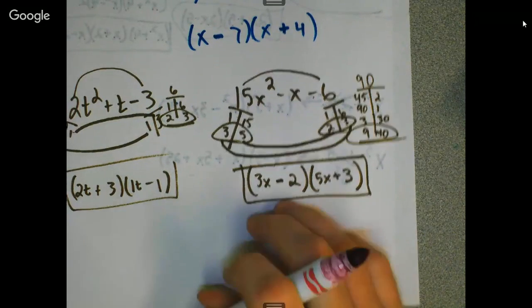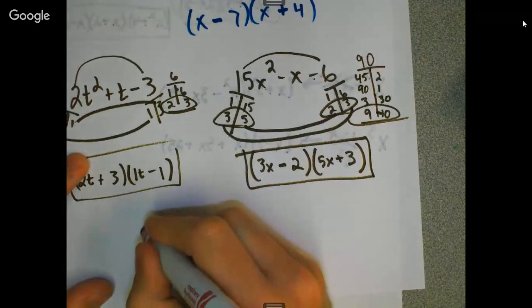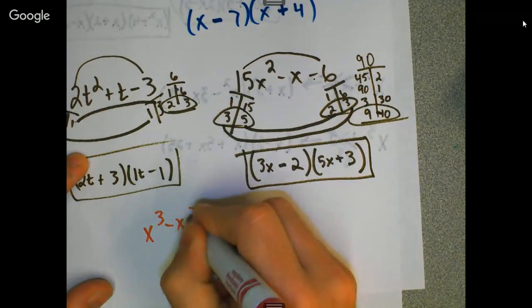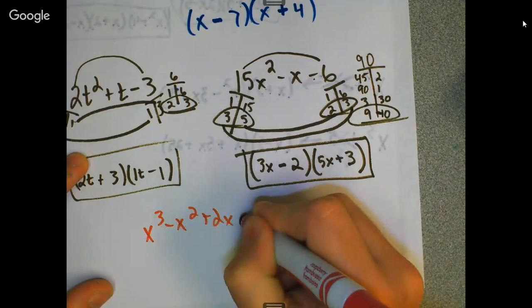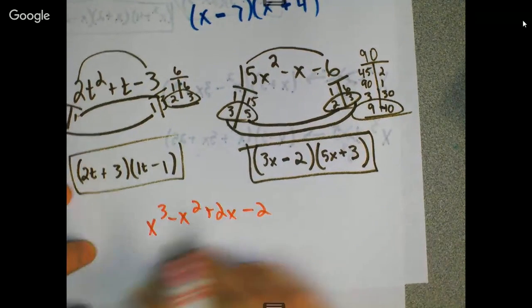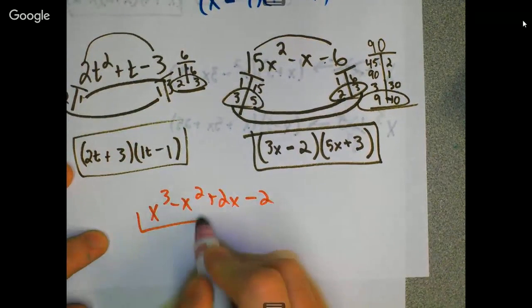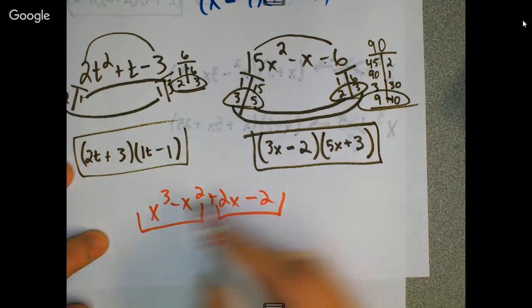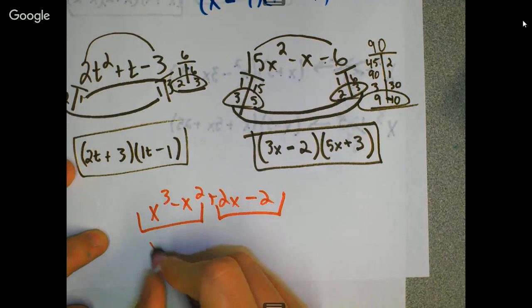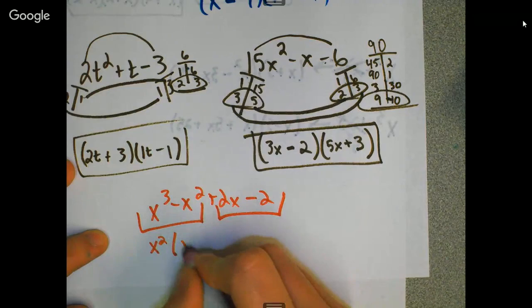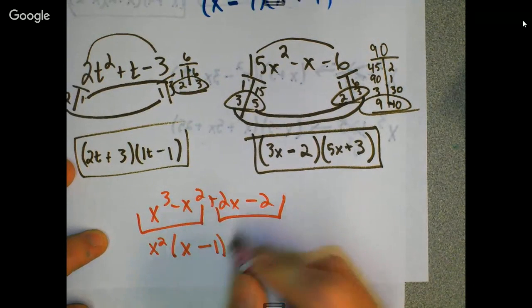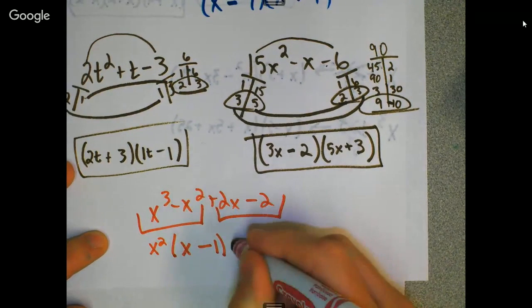All right, so let's try a grouping one real quick. I've got 4 terms here, so we're going to take the first 2 and the last 2. We'll factor out the greatest common factor, which is x squared. We're left with x minus 1. I need x minus 1 here, so we'll factor out a positive 2.